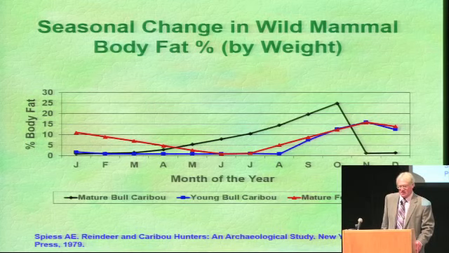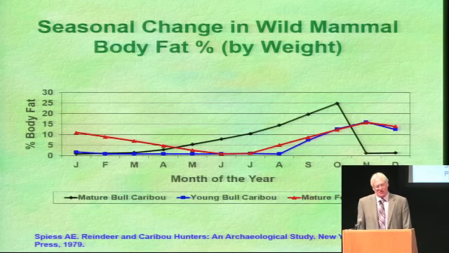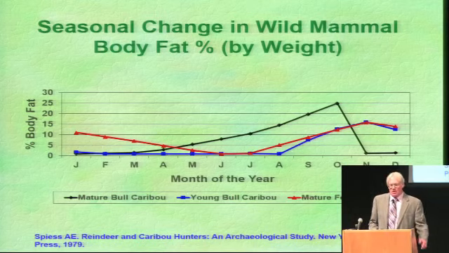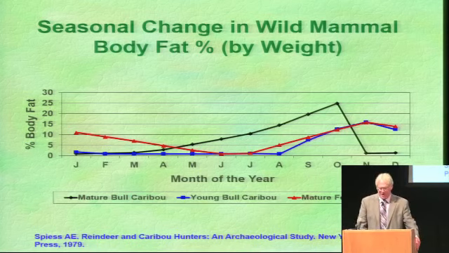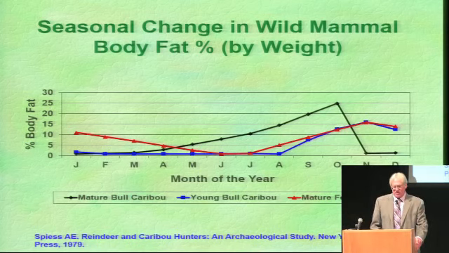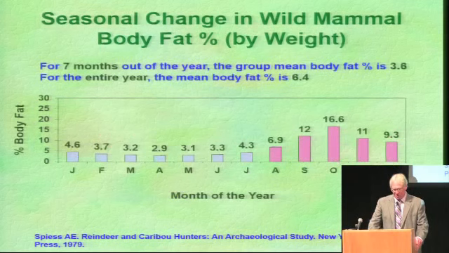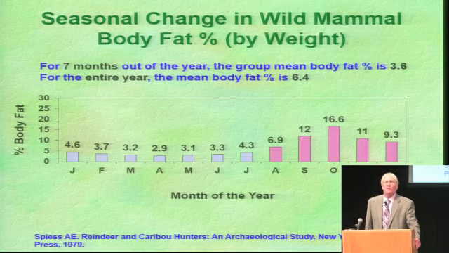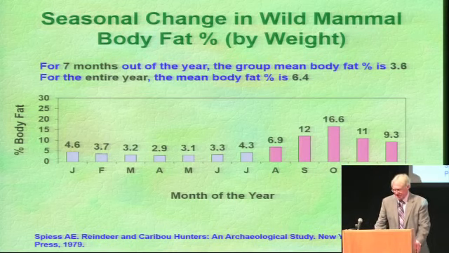This represents the change in body fat in caribou over the course of a 12-month period, and this is fairly reminiscent of not just North American, but also European and African mammals that humans would have preyed on. You can see that the body fat over the course of 7 months is quite low, about 3 or 4%. Anybody who knows about body fat realizes that in humans this is a very, very low value. And in North America, only during the fall, and that's why we have hunting seasons in the fall, does the body fat increase.